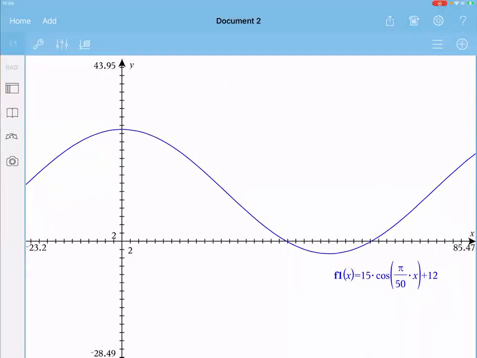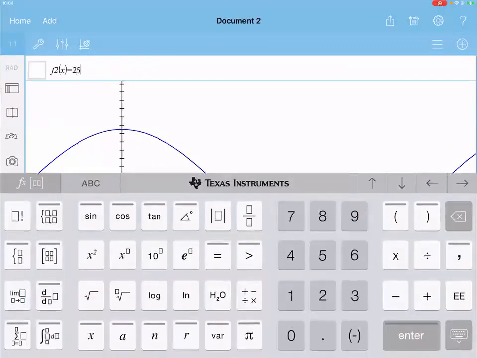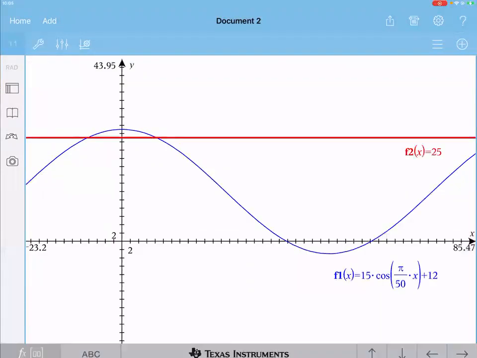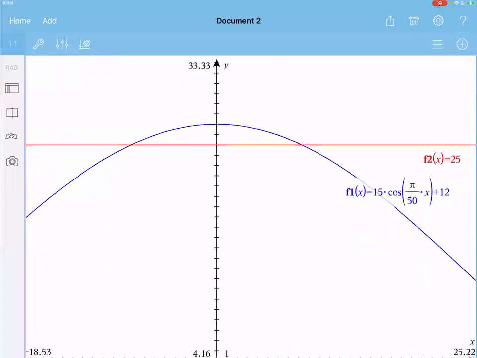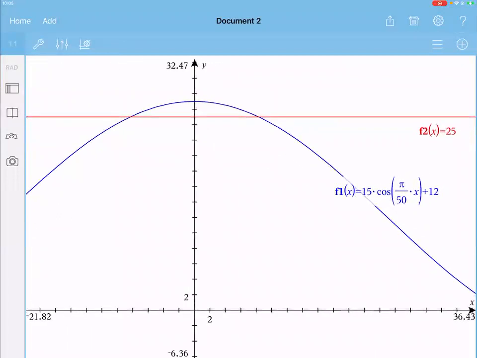In order to find the length of the horizontal timber, we have to set another equation: y is equal to 25. What we are trying to measure is the length right here. That's essentially the x value, because x is the distance away from the y-axis. If we can find this point, we will be very happy.